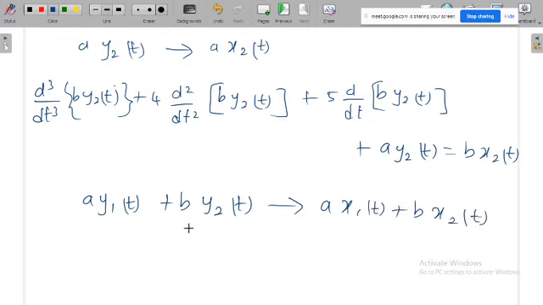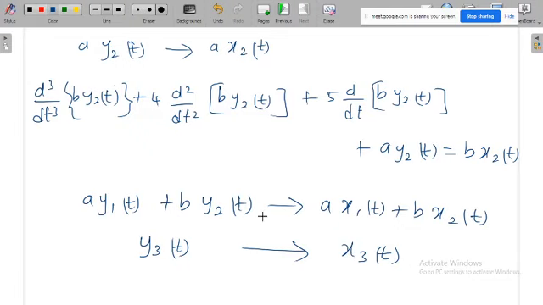If you observe here, this a y1 of t plus b y2 of t is some new output. The combination of output, we used to call it y3 of t. And again if the output is y3 of t, what could have been the input? X3 of t. X3 of t means the linear combination of the input.